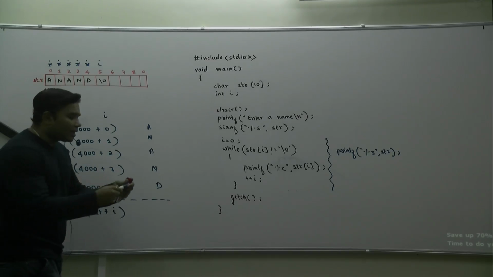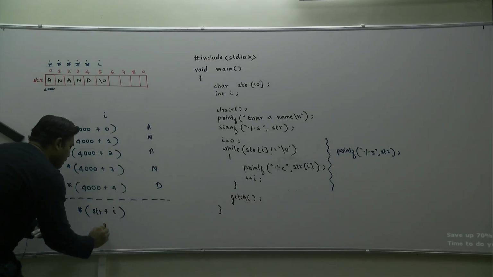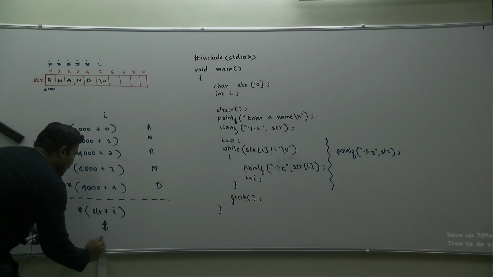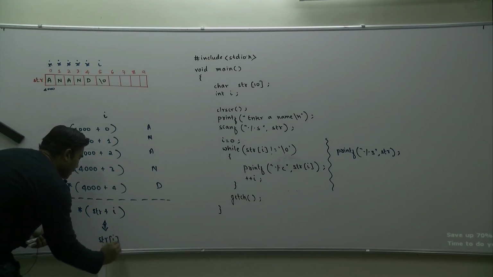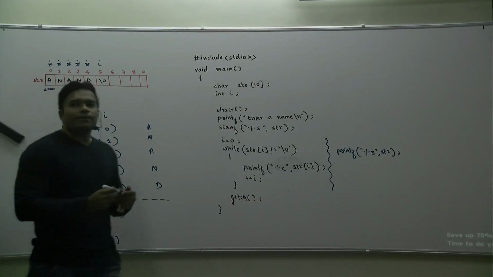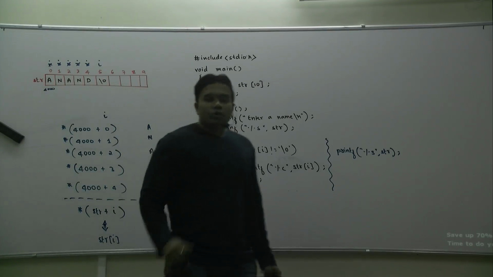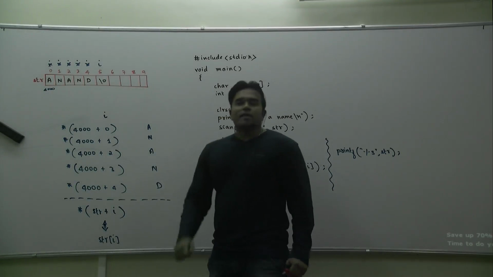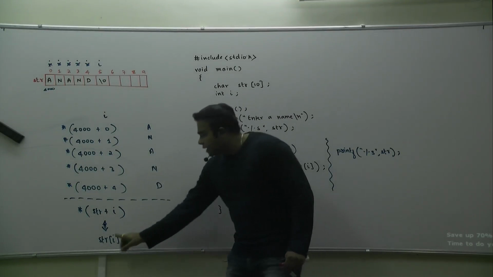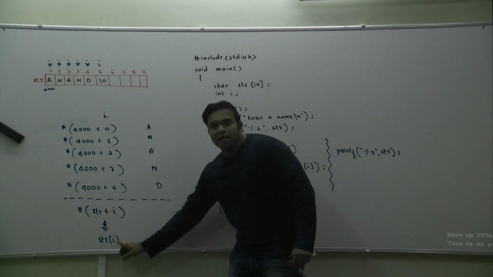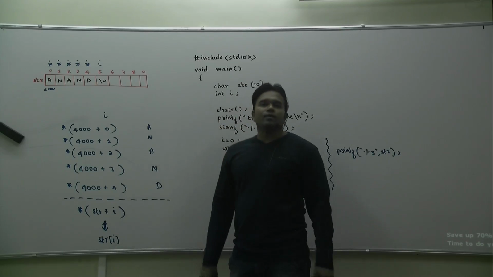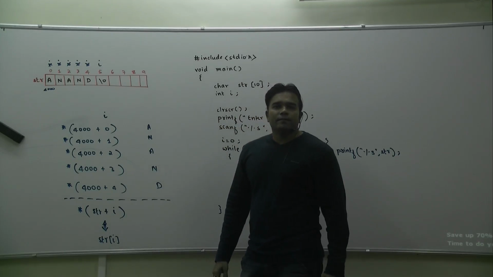Dennis Ritchie felt this, and hence he gave us a simple representation called str of I. So if you ask me what str of I really is, it is the base address plus I's penetrated value. That is the meaning of it.